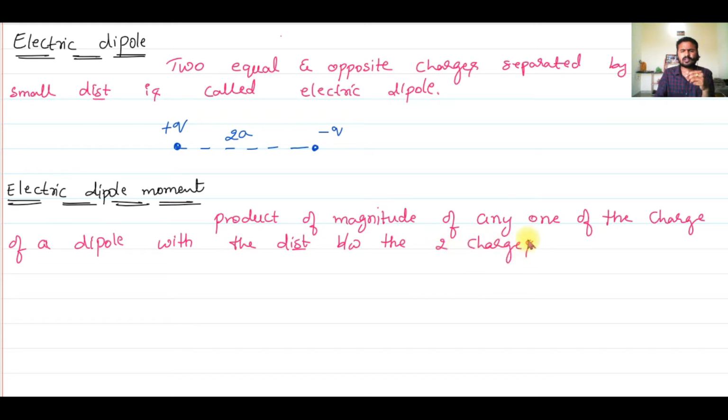You can simply say product of the magnitude of the charge and the distance between two charges. So here I've written in detail the product of the magnitude of any one of the charges of a dipole with the distance between two charges, right?